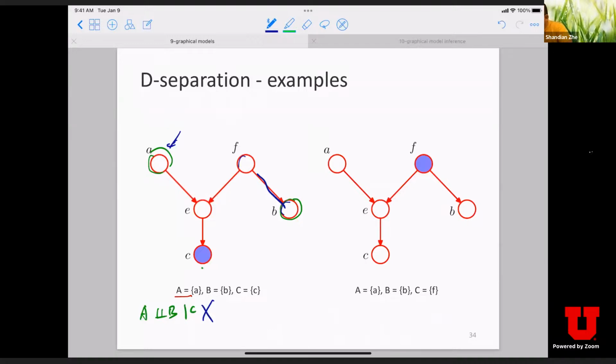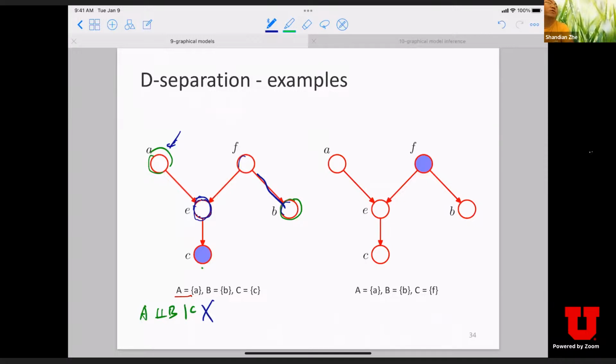So if you look here, whether you can go through this node E depends on whether E is in C, or any descendant of E is in C. Only when E is not in C and all of its descendants are not in C, this node is blocked. Otherwise it means you can pass through it.